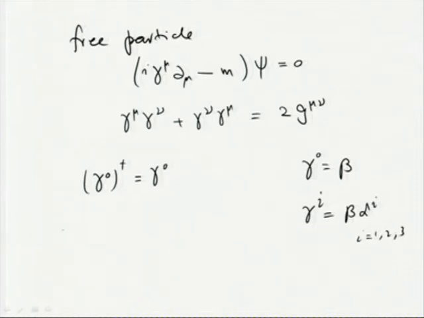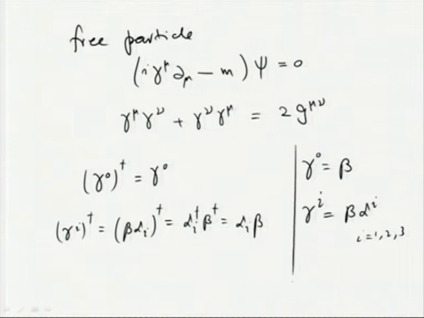So, γ^i dagger, the Hermitian conjugate, is (β α_i) dagger, which is equal to α_i dagger β dagger, which is equal to α_i β, because α and β are Hermitian coefficients.